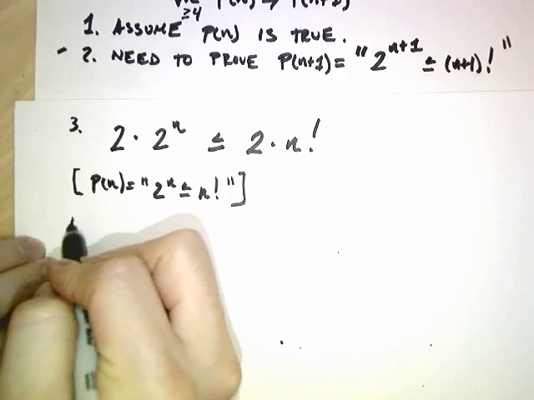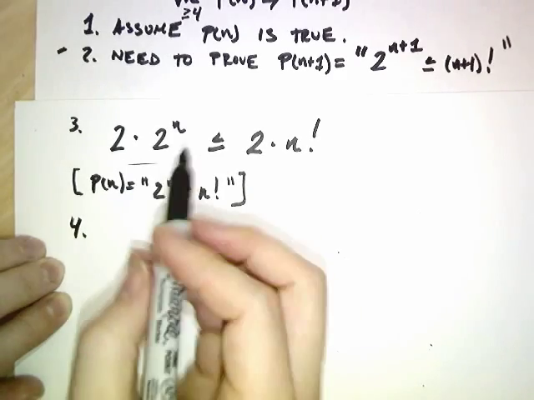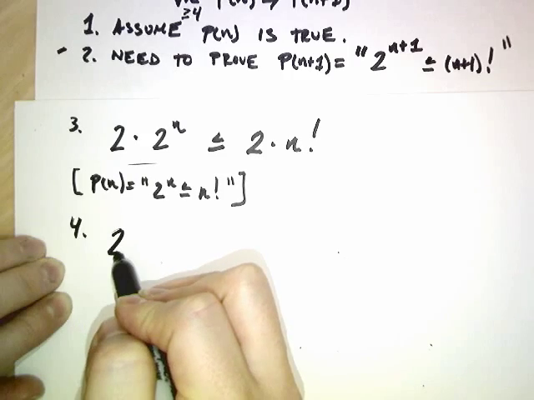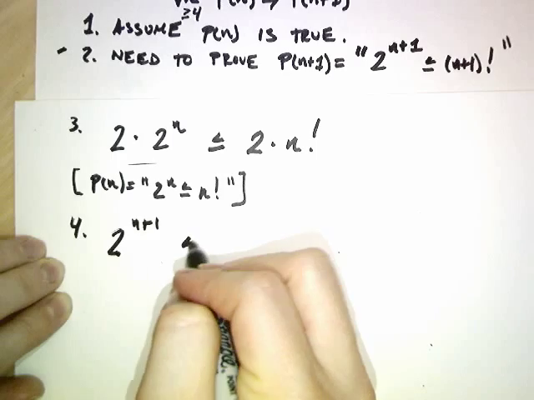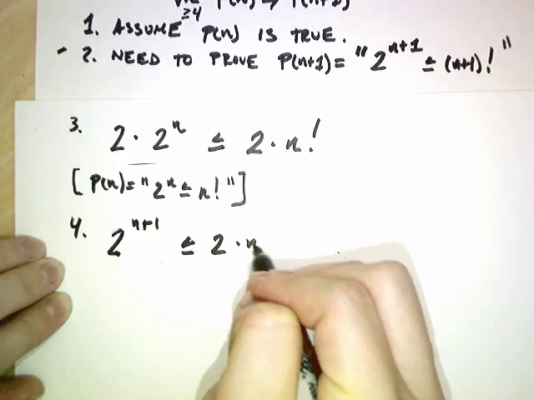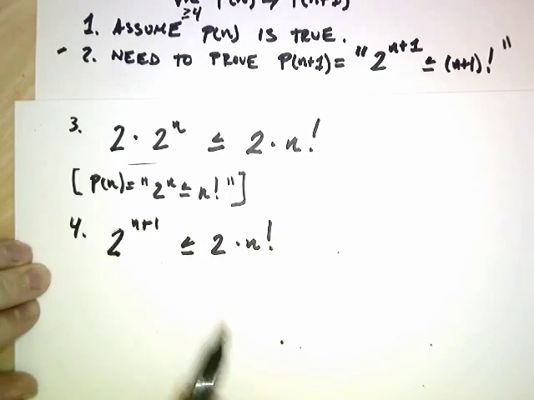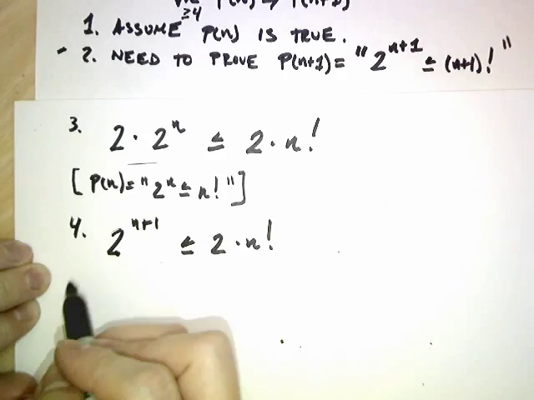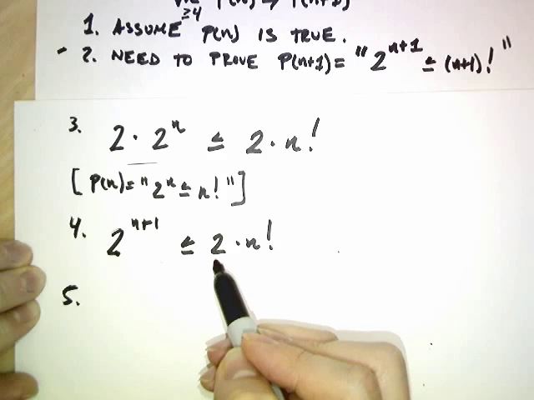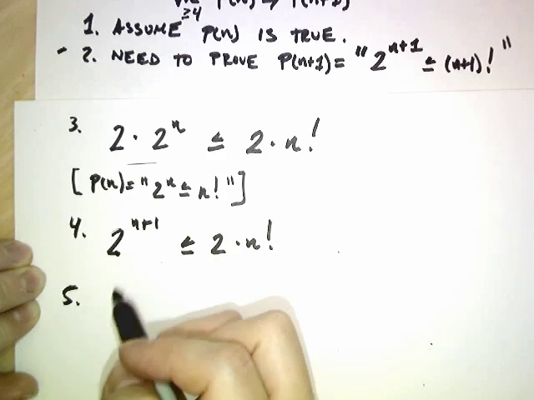Okay. Well, now on the left-hand side, we're left with 2 to the n plus 1, and it's less than or equal to 2 times n factorial. So we've almost reached the conclusion here. But notice that 2 is less than or equal to n plus 1. Right?